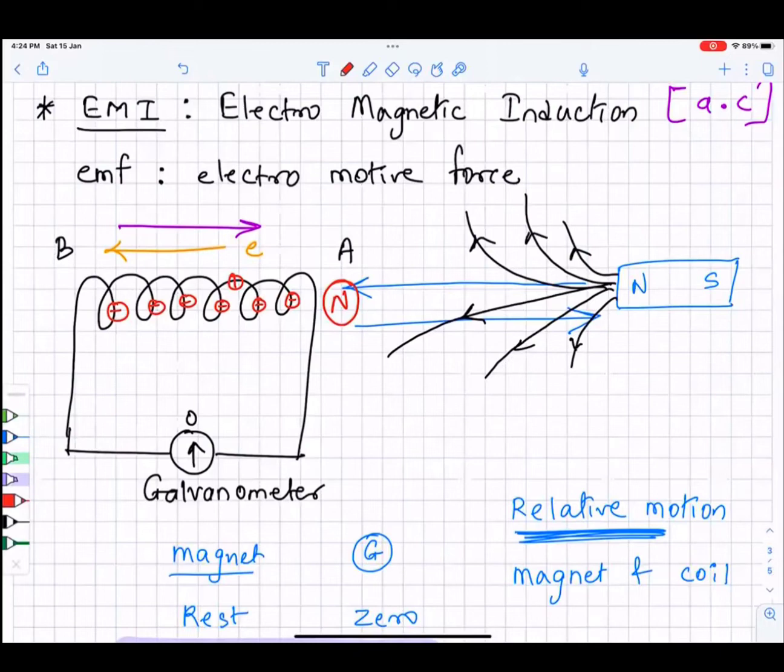N for anti-clockwise. N for anti, exactly. N for north pole. Remember or no? See, same thing. These are circular loops only. So if it is N, what will be the direction of the current over here? Anti-clockwise, guys. Got it? So it will be anti-clockwise. That is the direction of the current produced.